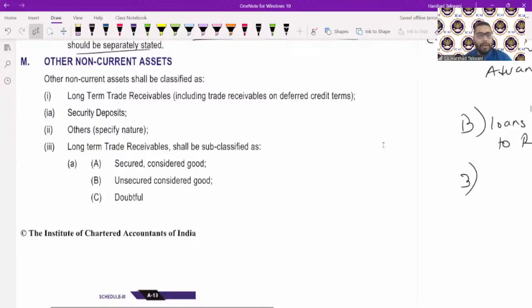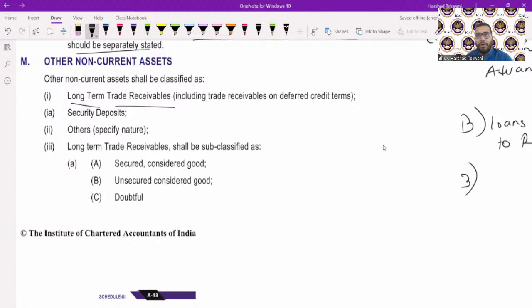Remember now, other non-current assets. First thing you will see is long-term trade receivables. Long-term trade receivables means trade receivables for which the amount will not be received in the next 12 months, but they are for the long term. We may receive after 3 years, after 5 years. So there are trade receivables where we will receive the amount after a long period of time.